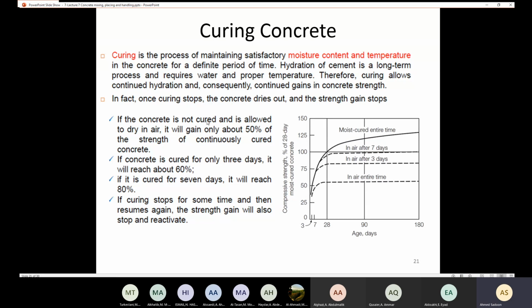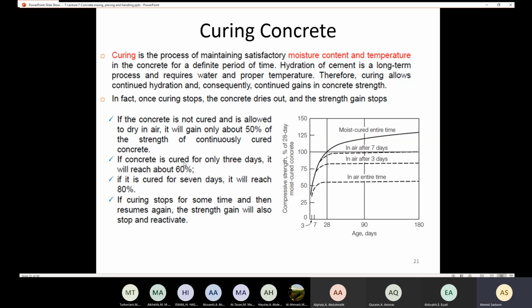So if the concrete is not cured and is allowed to dry out in the air, it will gain only about 50% of the strength of continuously cured concrete. So if we say that after 28 days the strength value is almost 50%, while this one, which has been cured for the entire period of 28 days, has a value here of 100 megapascal, it means that I lost 50% of the strength.